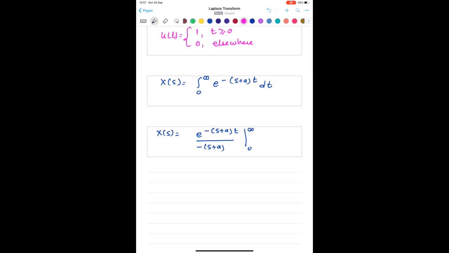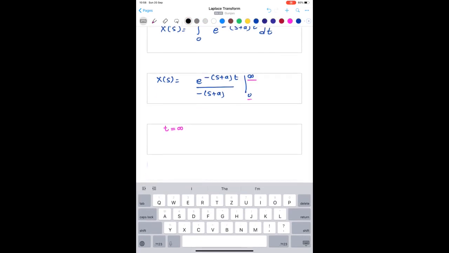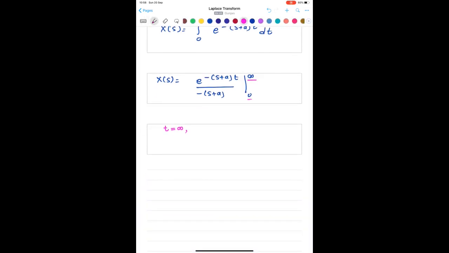Now you have two limits, one is infinite, another one is 0. So when you put the upper limit, basically putting the upper limit means that your t is equals to infinite. Then e raised to the power minus s plus a times infinite should be equals to 0 in order for this signal to provide you a valid answer.